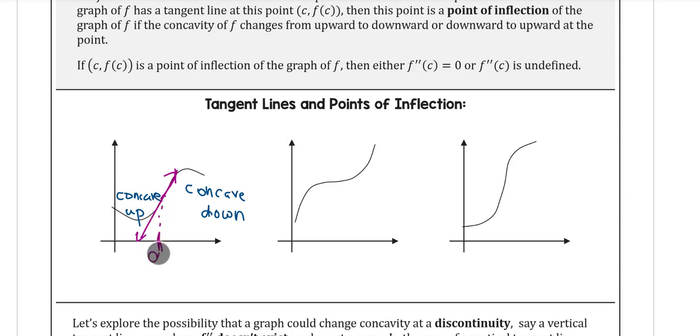This is a, and f prime of a is greater than 0, and f double prime of a will equal 0, because that a there is our inflection point.